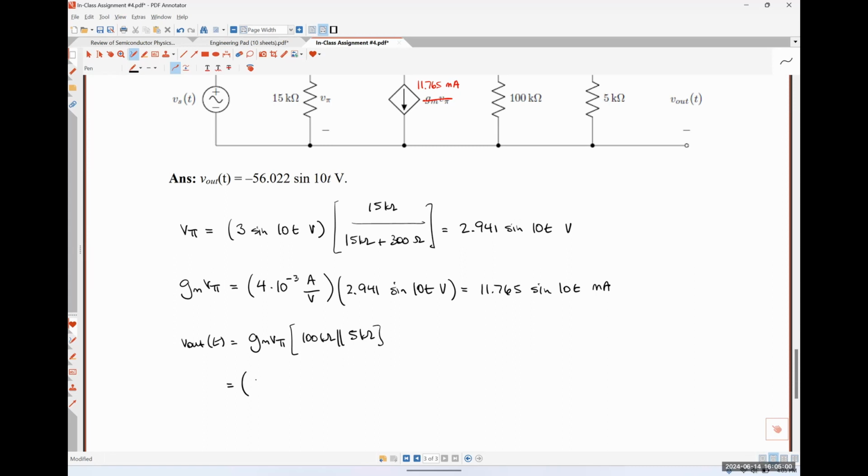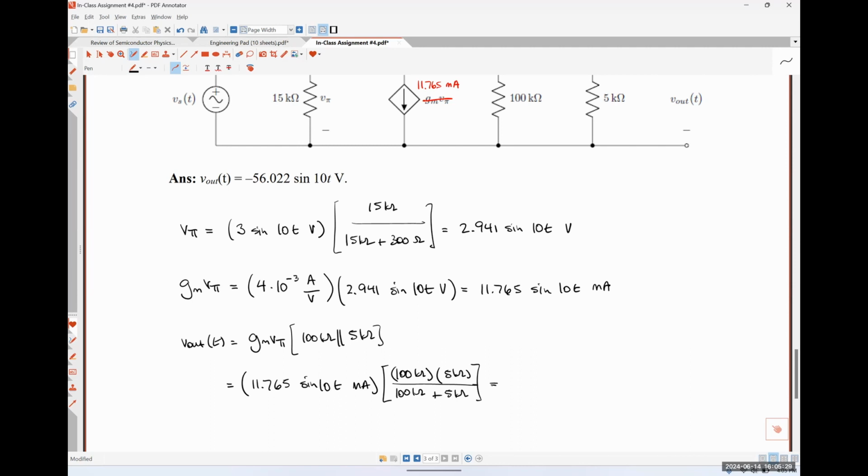So that's going to look like 11.765 sine 10t milliamps times 100 kilo ohms times 5 kilo ohms over 100 kilo ohms plus 5 kilo ohms.